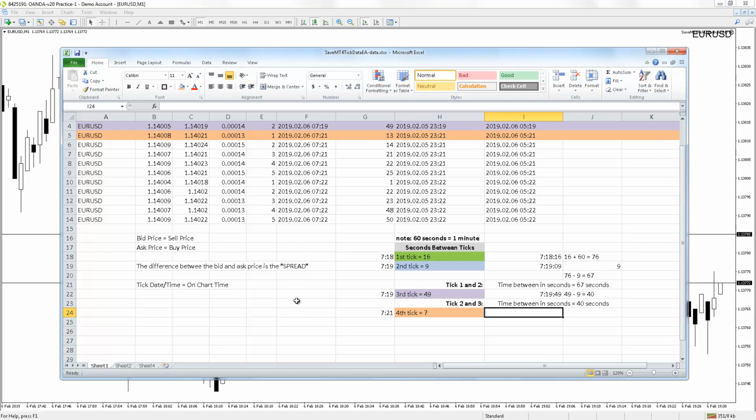And let's do some math. Now this math is going to look a lot like the first one, because the difference, 21 and 19, that's 2 minutes difference.